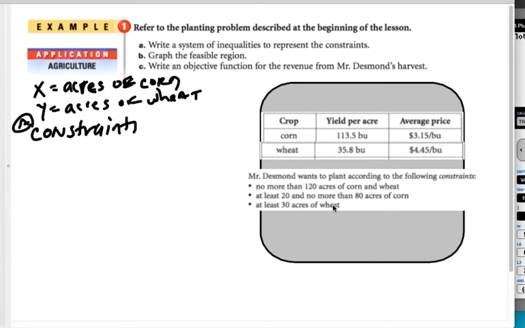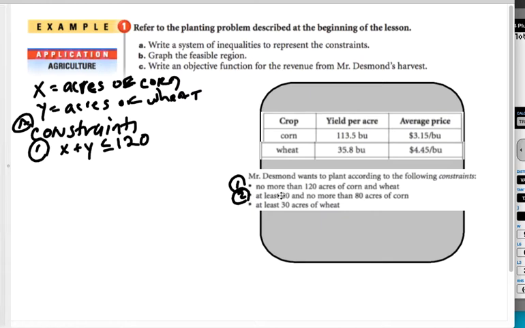So no more than 120 acres of corn and wheat. Corn and wheat together would be X plus Y, and that's supposed to be no more than 120 acres. So that's going to be X plus Y less than or equal to 120. It can be 120, but it can't be more than 120.